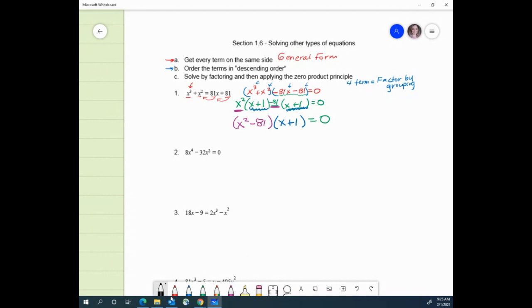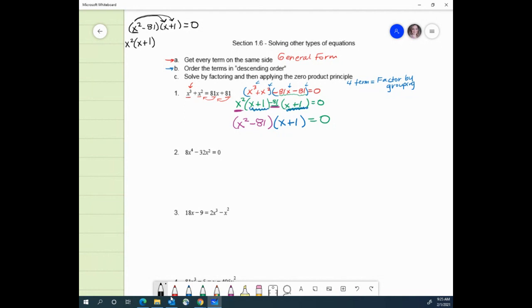So let me just show you how this works. So this is just a little side note over here. I'm just going to rewrite this. So let's say I started with something like this and I was going to FOIL it. I was going to use double distribution. So remember, F O is x squared times x plus 1, right?